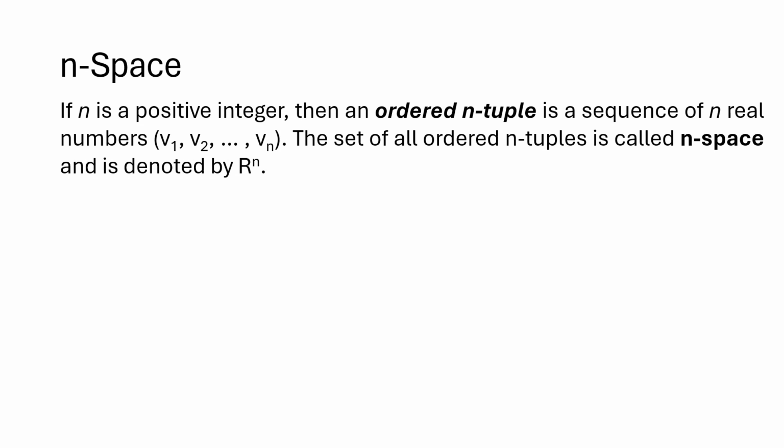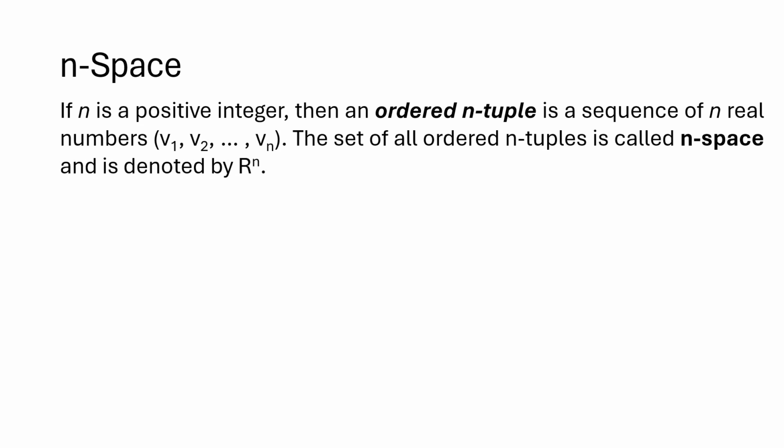The set of all real numbers can be viewed geometrically as a line. It is called the real line, and it is denoted by R or R raised to 1. The superscript reinforces the intuitive idea that the line is one-dimensional.